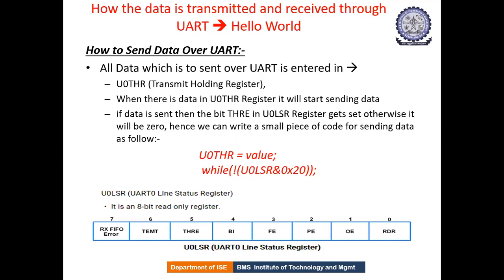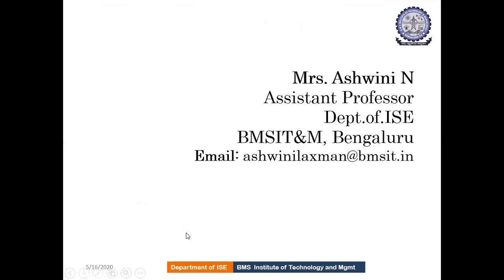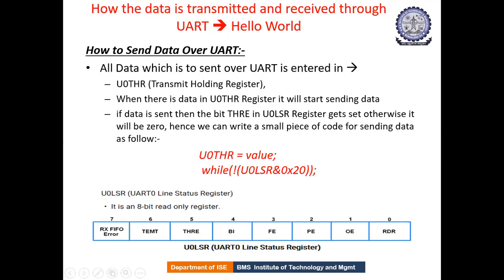This register specifies the status information of whether the data has been transmitted or not. There is a fifth bit, THRE. If I have completely transmitted the data, this bit becomes 1. If I have not completely transmitted the data, this bit will still be 0.